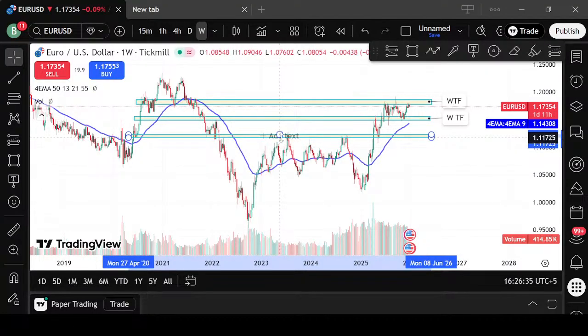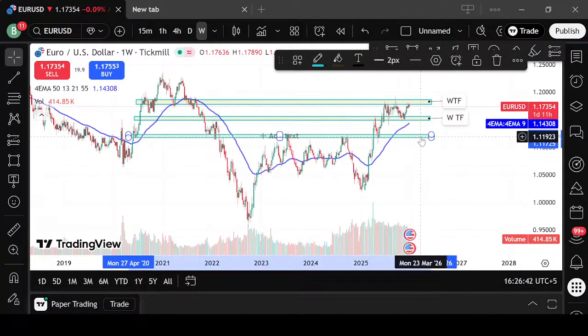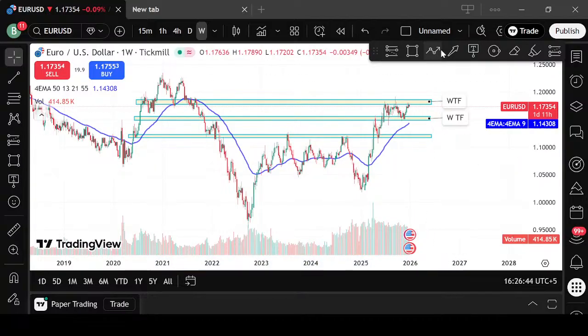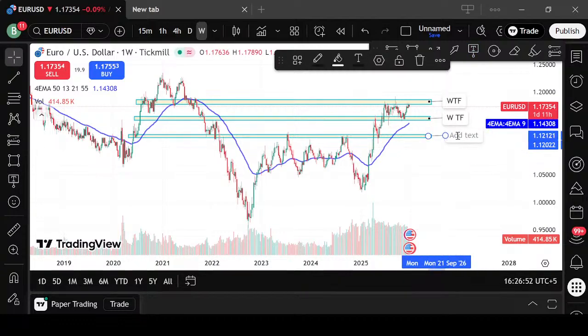Actually, we can't make it wider because it shouldn't be wide. We are talking about particular things. So what is this? This is also the weekly time frame.